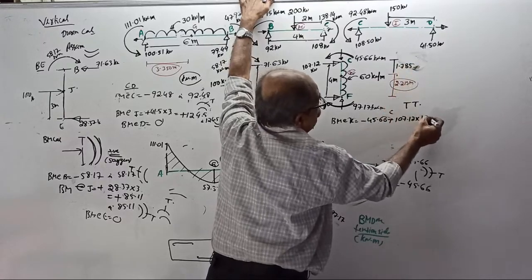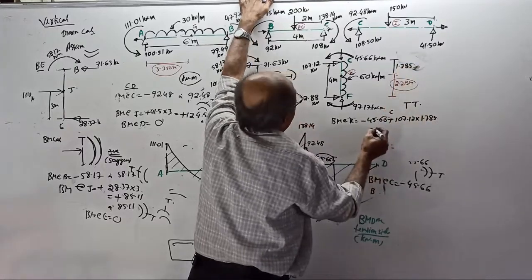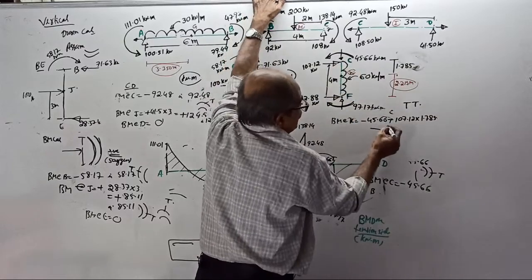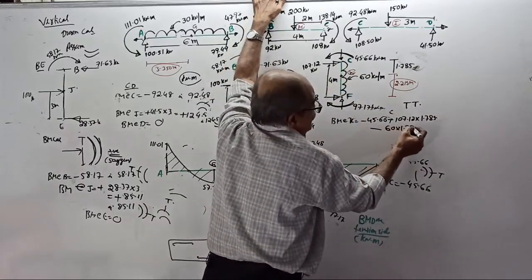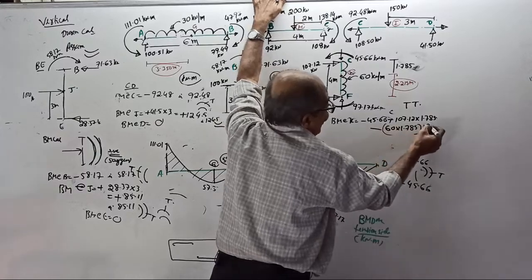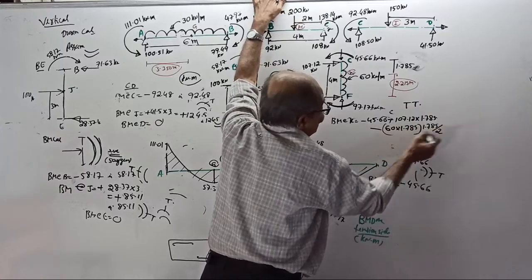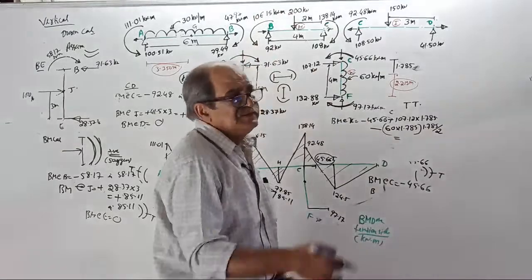Into 1.785, then minus 60 into 1.785 into 1.785 by 2. Tell this answer.